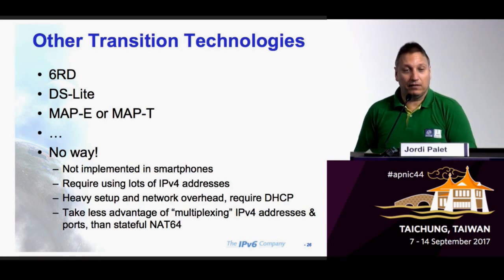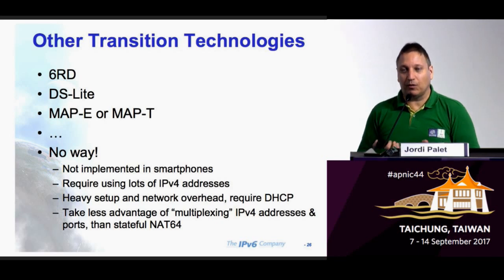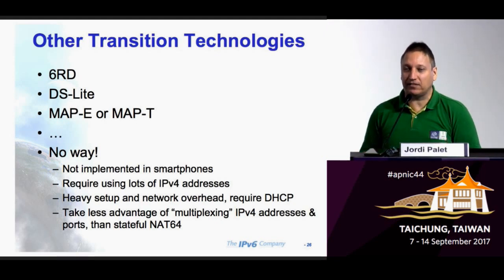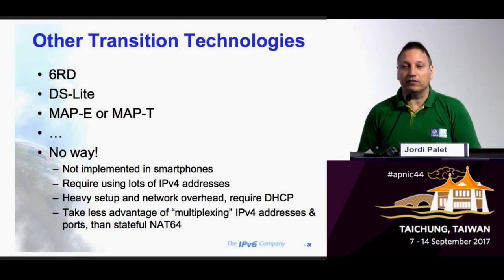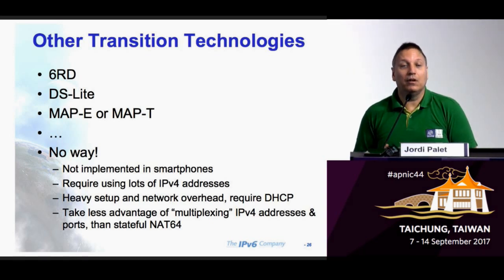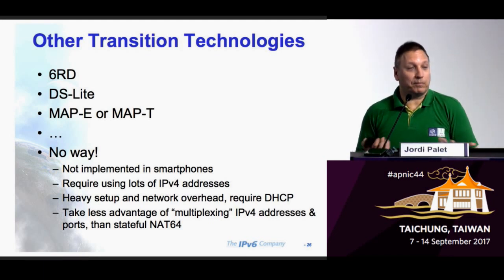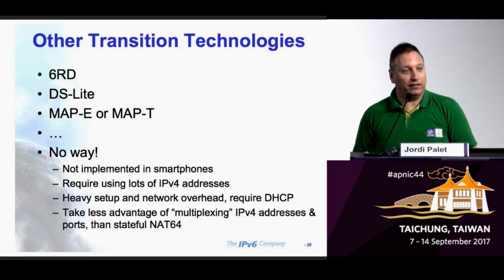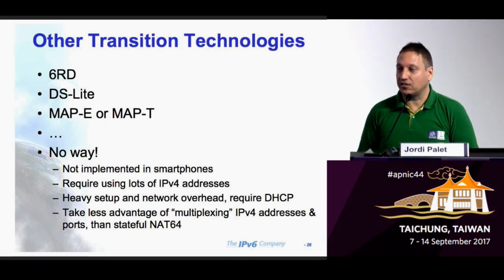They require DHCP, which typically is not used in cellular networks. And of course, I already mentioned that because 464XLAT is using NAT64, and NAT64 has more advantages than carrier grade NAT in terms of how it multiplexes the IPv4 addresses and ports, it means you have more advantages with 464XLAT in terms of less consumption of shared IPv4 addresses, right? Okay, so that's a clear advantage.